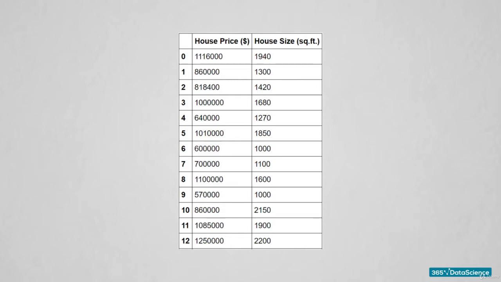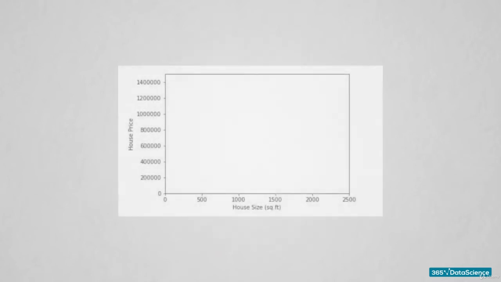Every row on the data table is an observation, and each can be plotted on this graph as a dot. The house size is measured along the horizontal line, and its price on the vertical line. The further to the right an observation is, the larger the house size, and further up, the higher the price. So, once we've plotted all 20 observations from our dataset, our graph will appear like this.